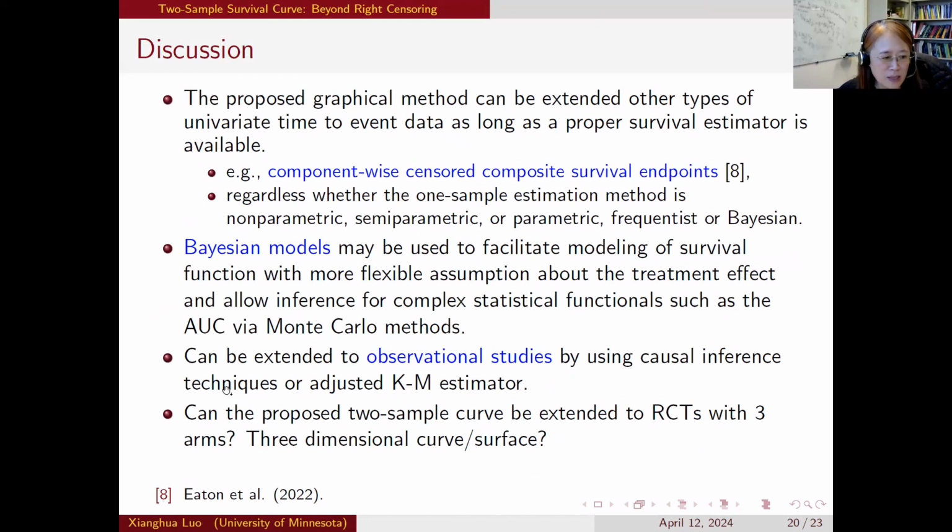Also, I want to mention that the proposed method can be extended to observational studies by using causal inference techniques or, say, adjusted Kaplan-Meier curve.